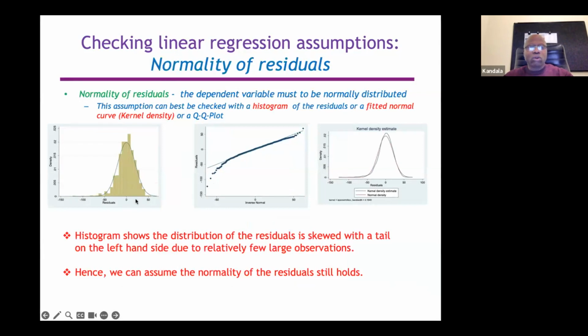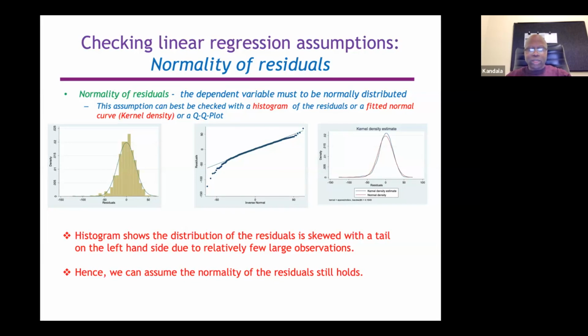And also for checking the normality of residuals assumption. To check this, you can have a histogram. You overlay a normal plot, so you can see now that your residuals are normally distributed.